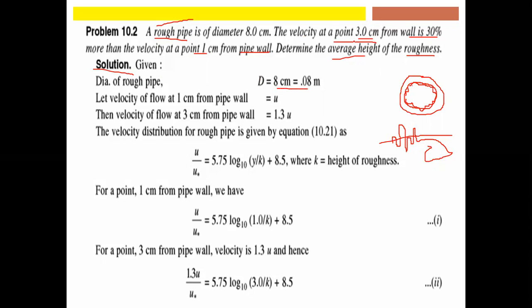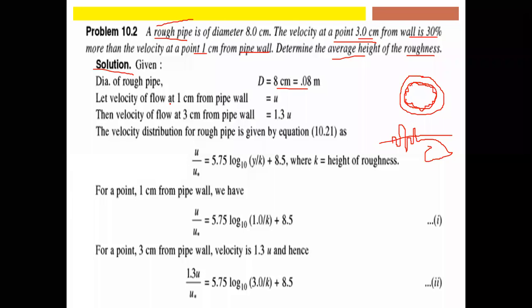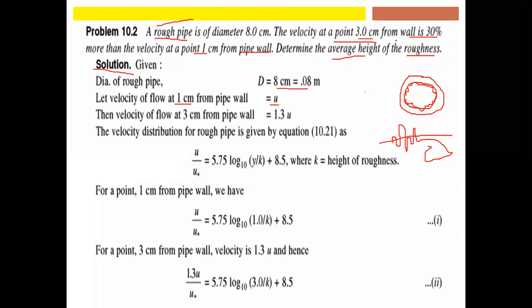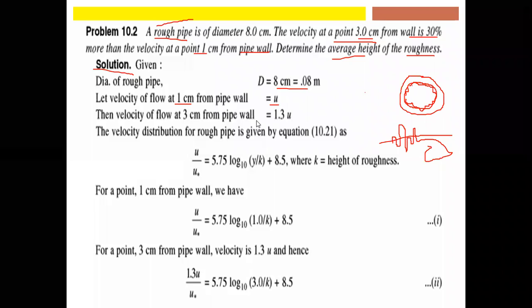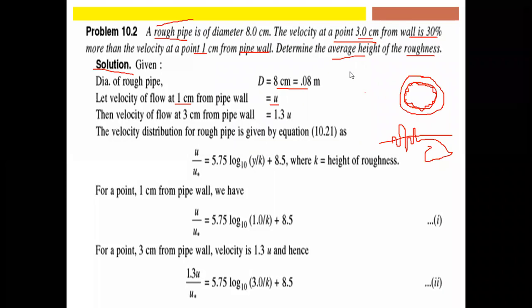Now what is the velocity at point 1? The velocity at 1 centimeter from the pipe wall.